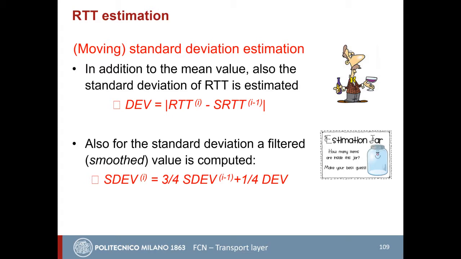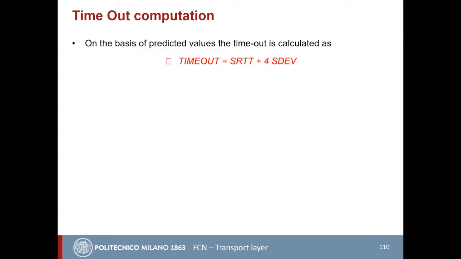Okay. So the smooth round trip time and the smooth standard deviation are used to dimension the timeout. The timeout is calculated as the sum of the smooth round trip time, the average, plus 4 times the standard deviation. This parameter 4 can be adjusted, but 4 is the typical value.